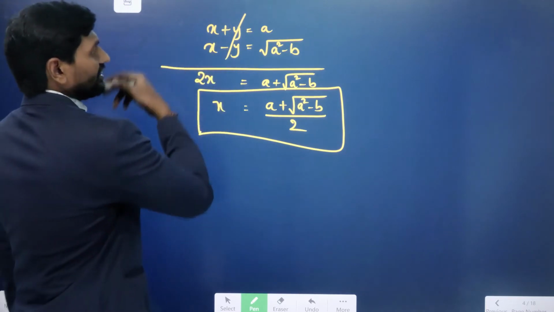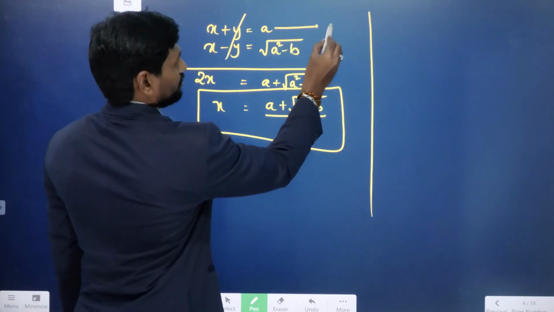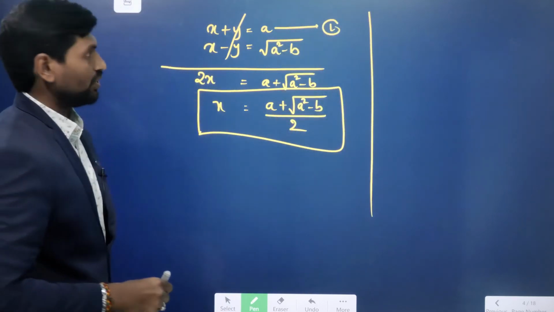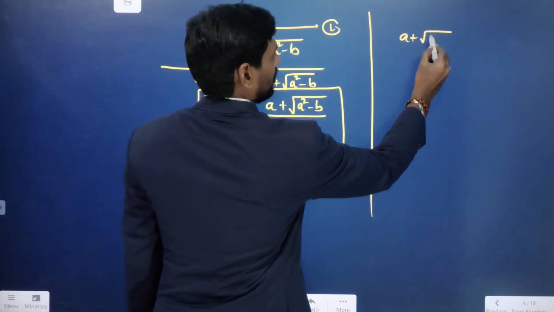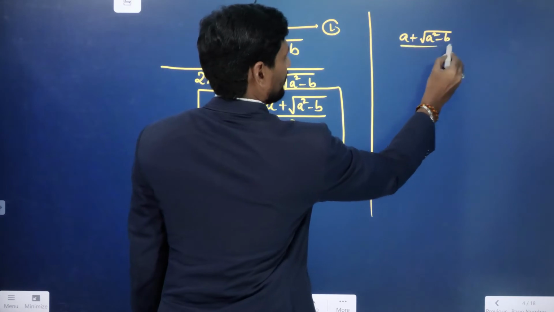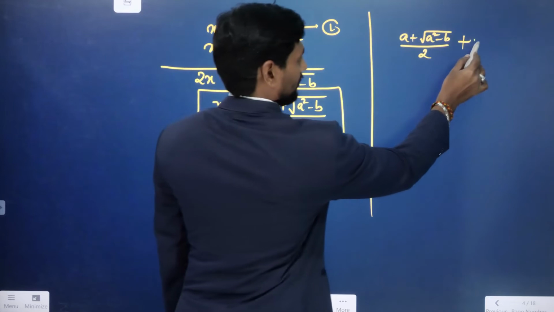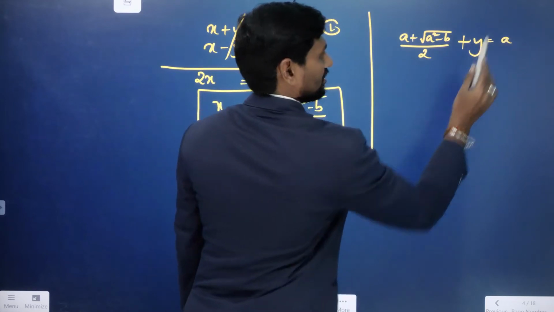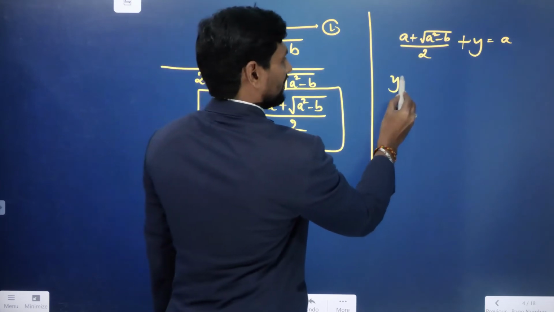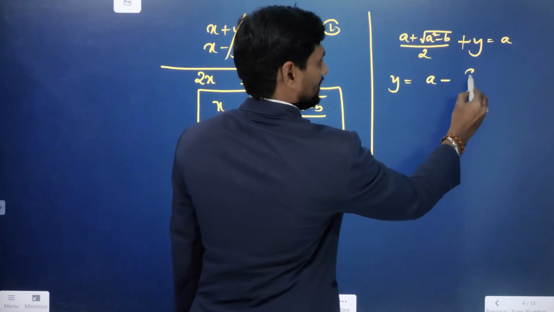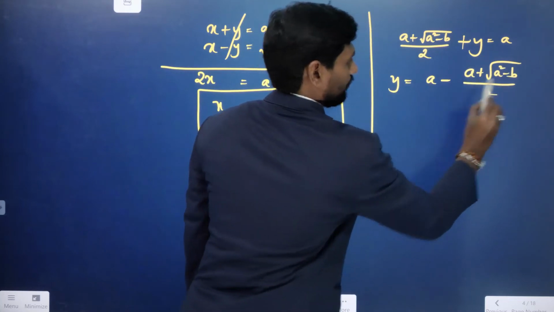Now find the y value. I am substituting this x value in equation 1. The x value I can write as (a plus root over a square minus b) by 2, plus y equals a. I am transposing this entire term to that side. Then y equals a minus (a plus root over a square minus b) by 2.